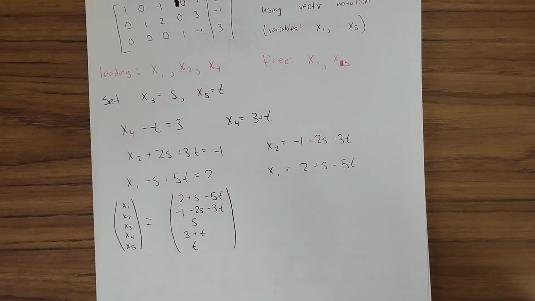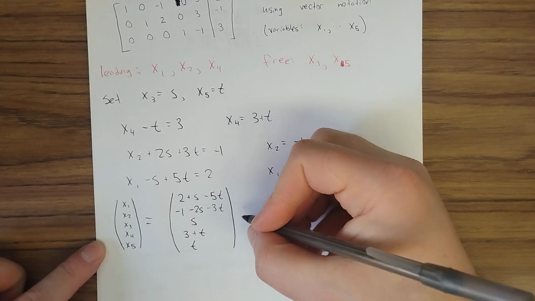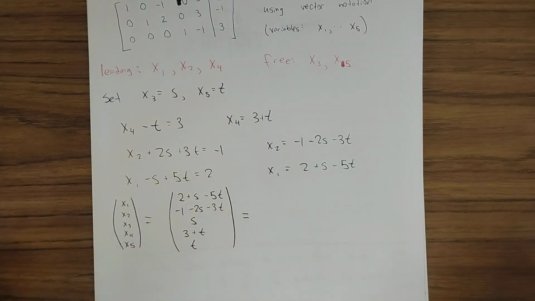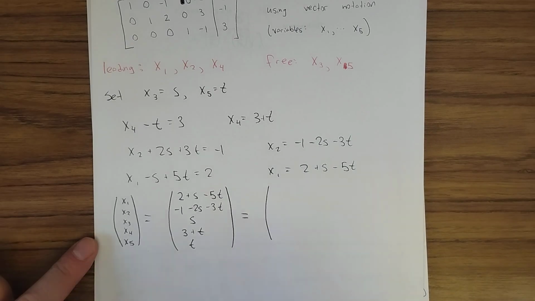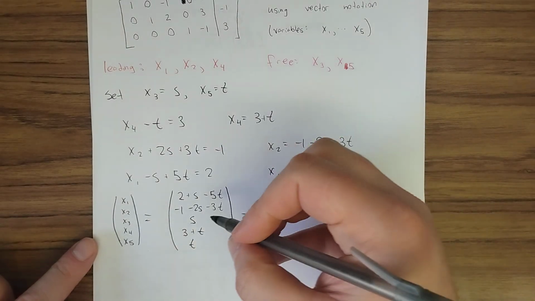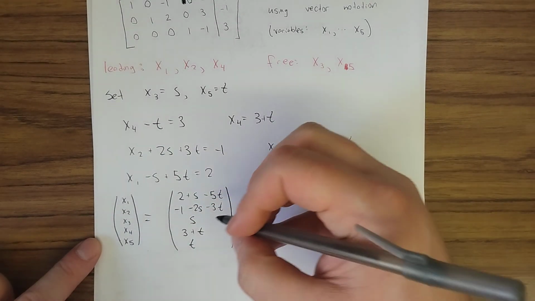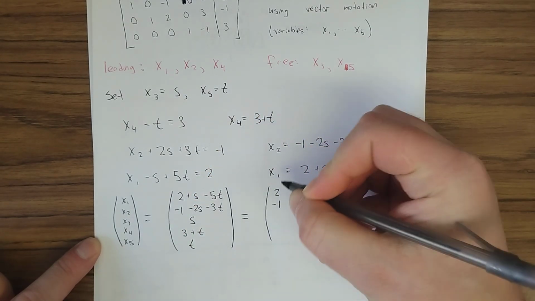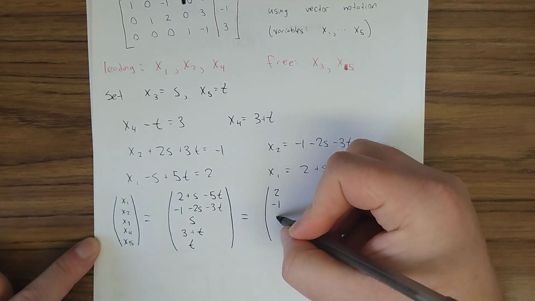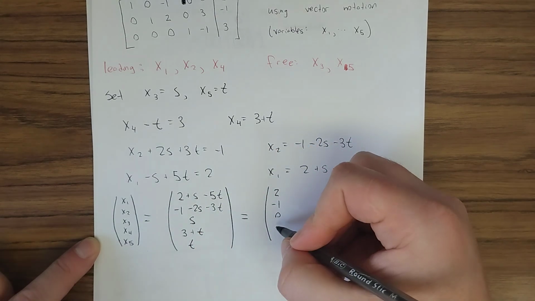So maybe I could leave my answer just like that, but let me actually write it in a couple different ways because I'm trying to emphasize something here. Of course, I can split this up. So let me write any constants like 2, -1. This one just has a 0. This one has a 3.